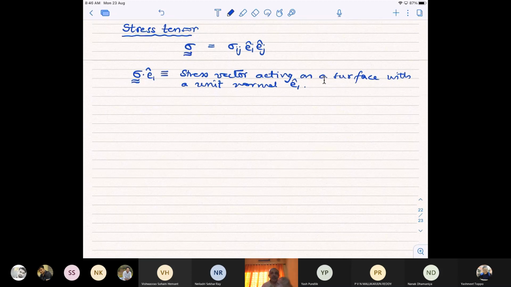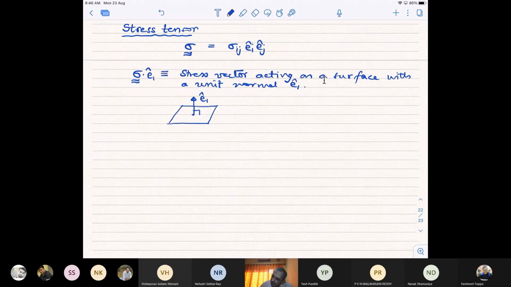We have already seen that if we take a dot product between a tensor and a vector, you will get a vector. So what you can imagine is that, let's say this is the surface. Whenever we think of stress, we always have to think of stress acting on a surface, because it is stress, it is force per unit area. And then let's say on this surface, we have a unit vector which is E1.